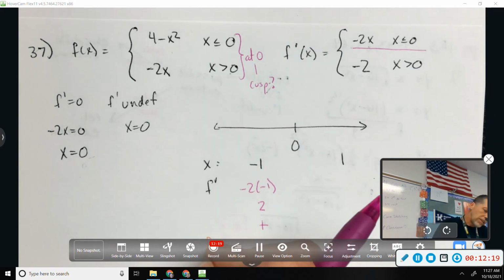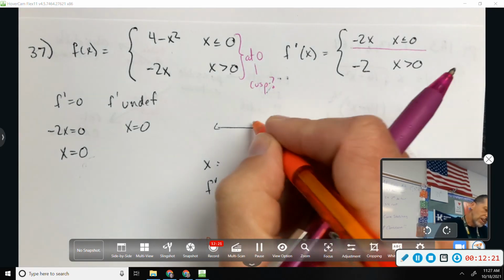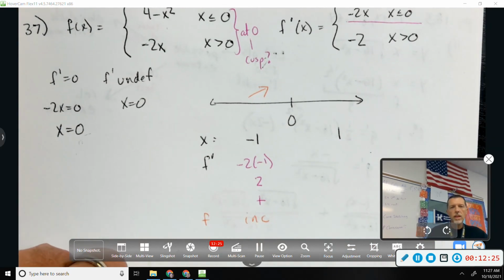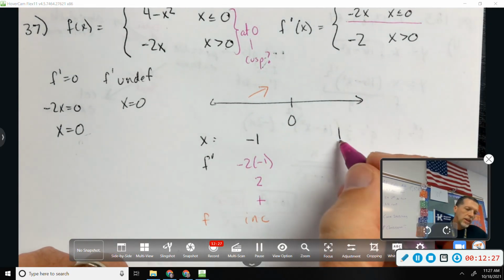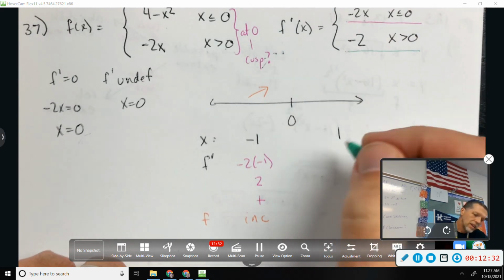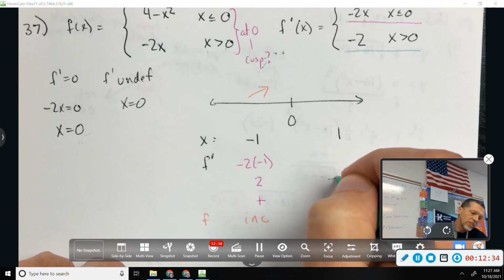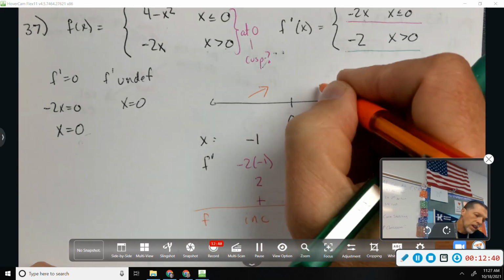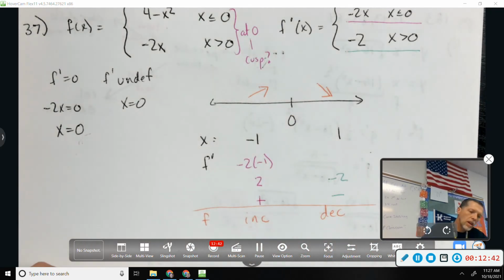So that means f is increasing. If I plug in 1, I've got to use the other one. I can't plug in 1 into the first, so the answer is just negative 2, which means that f is decreasing, at the same rate.